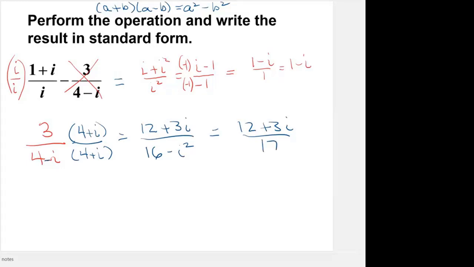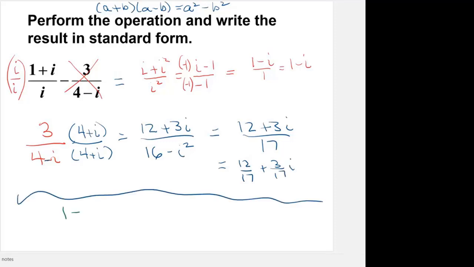What I want to do is put this in standard form. Standard form is a plus bi. So the real part is 12/17, and the imaginary part is 3/17. I have 1 minus i minus 12/17 plus 3/17 i.